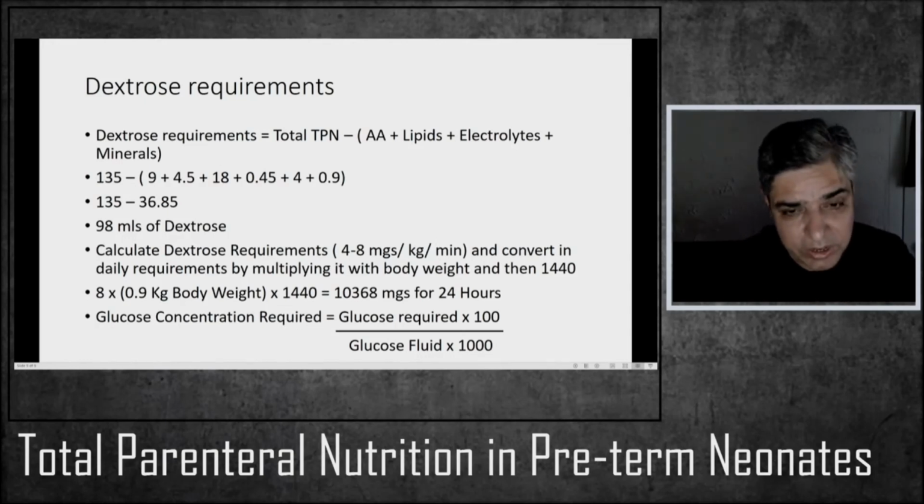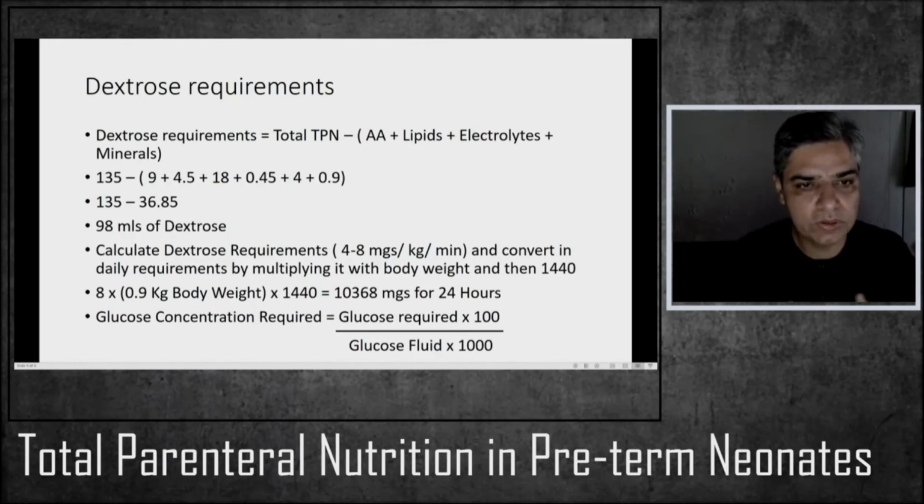Where did this 10% come from? We use this formula: the milligrams of glucose that you calculated, times 100, divided by the glucose fluid, that was the TPN minus all the other fluids, and that would give you the exact percentage. So this baby would need 98 mLs of 10% dextrose.